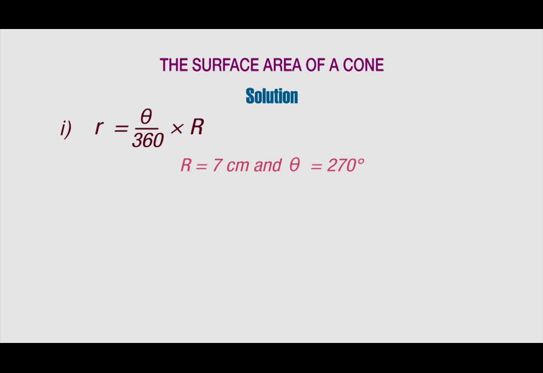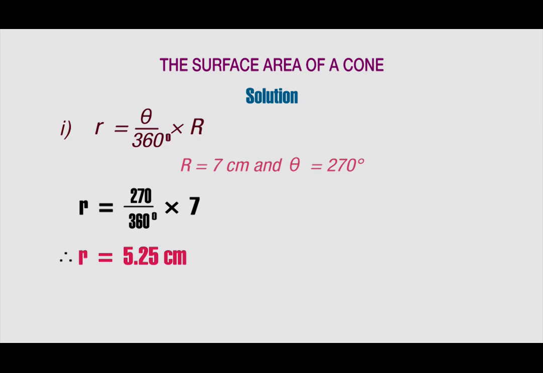So making the appropriate substitutions, we have small r equals 270 degrees divided by 360 degrees multiplied by 7. And that will simplify to 5.25 centimeters. So the radius of the base is 5.25 centimeters.